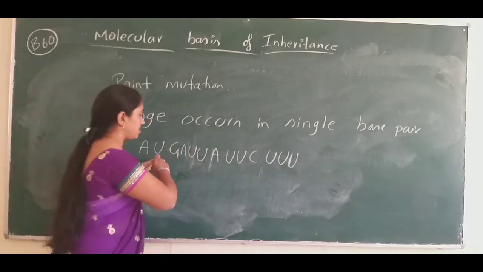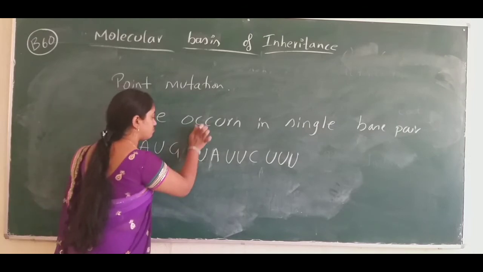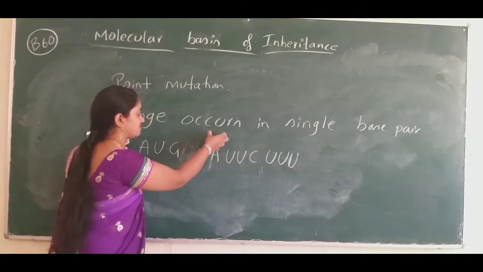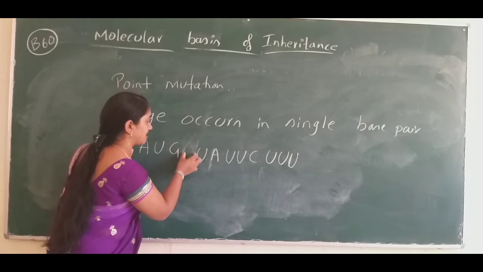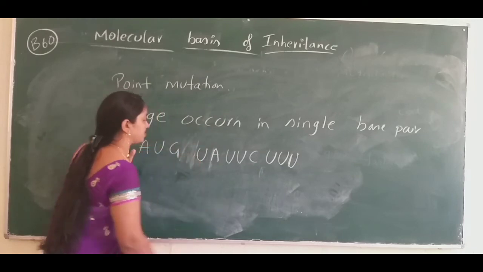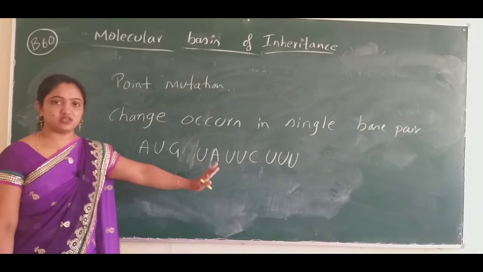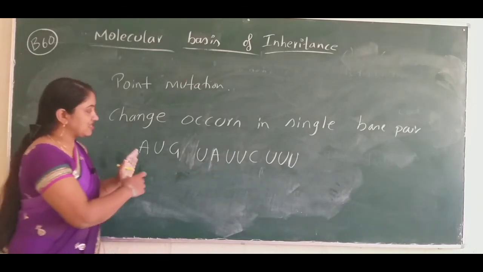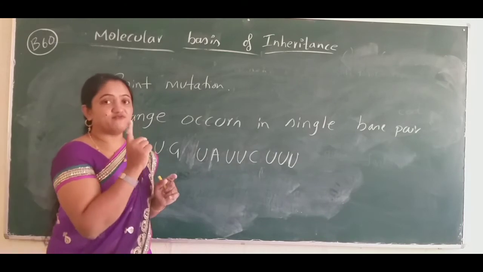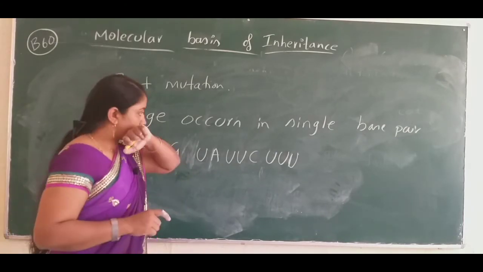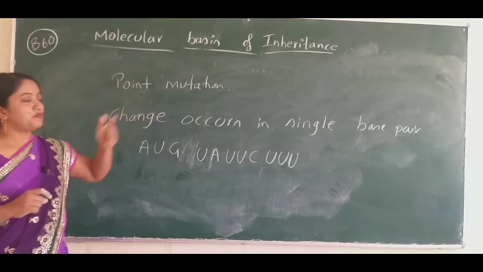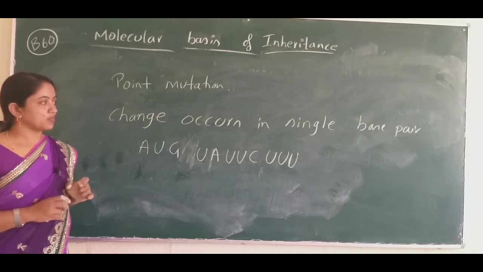But here we don't know whether the base pair is getting added or deleted, whatever the change is. If any kind of change occurs with one single base pair, it is known as point mutation.